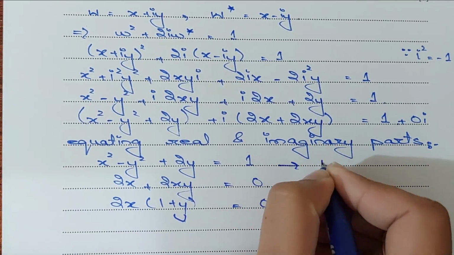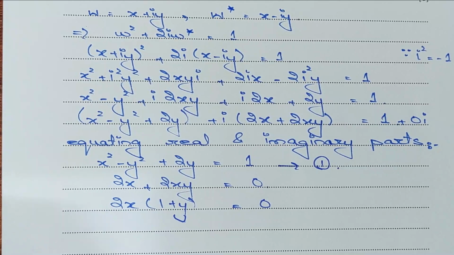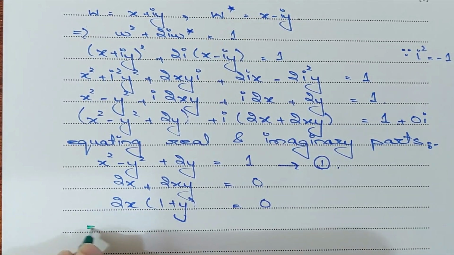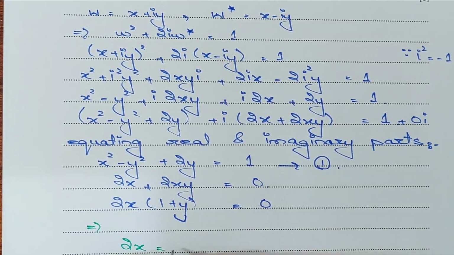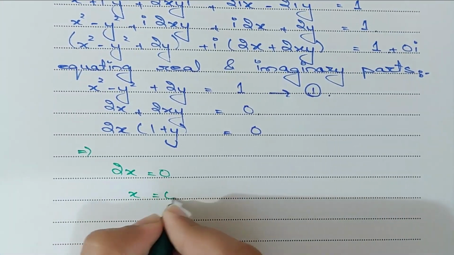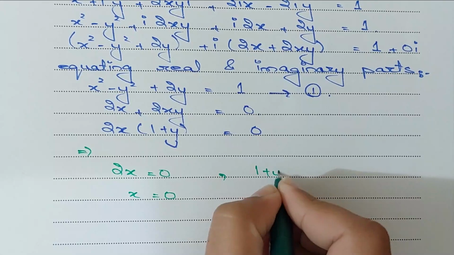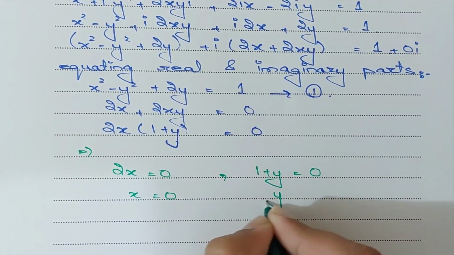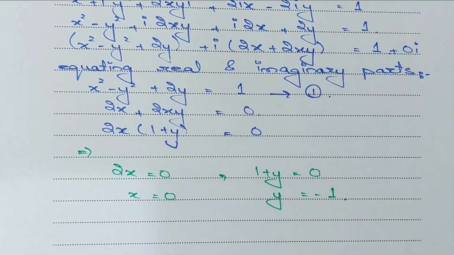This is my first equation. Okay, from this equation we have 2x equals 0, so the root is x equals 0, and 1 plus y equals 0, so y equals -1, right?